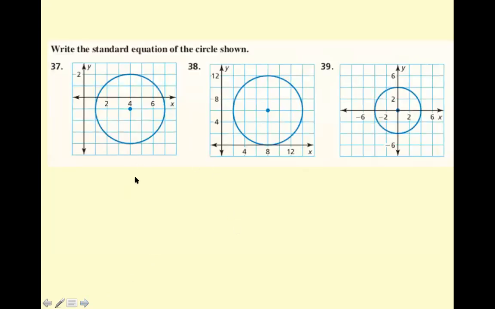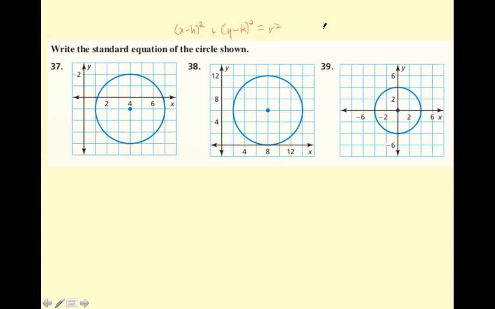All right, now we're on to section 10.7, where we're writing the standard equation of a circle. Hopefully you recall, I'll just write it here at the top, that the standard equation of a circle is (x minus h) squared plus (y minus k) squared equals r squared.